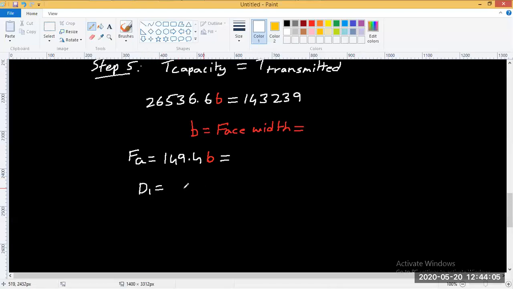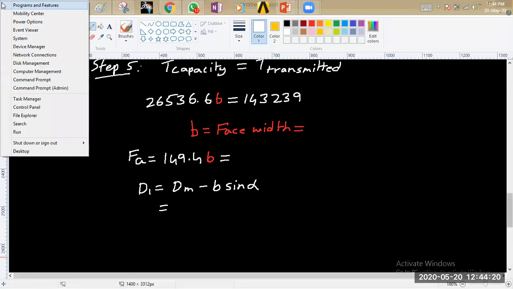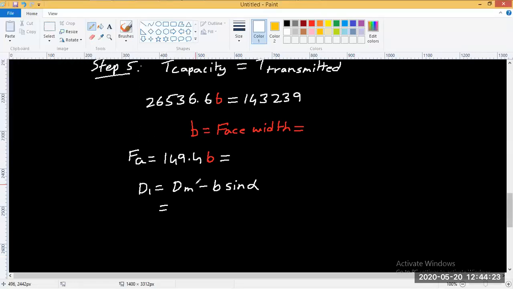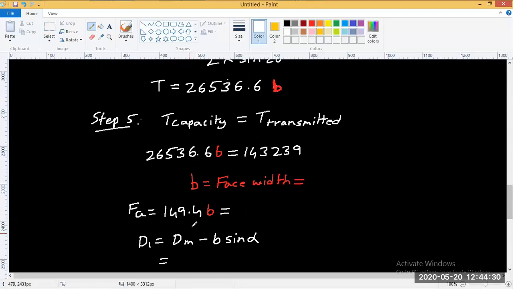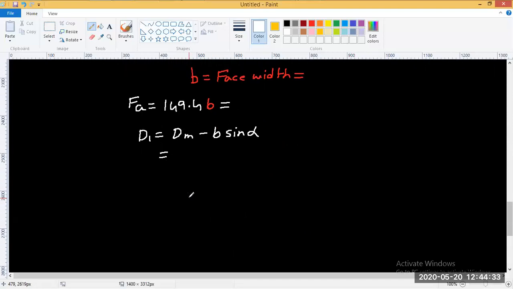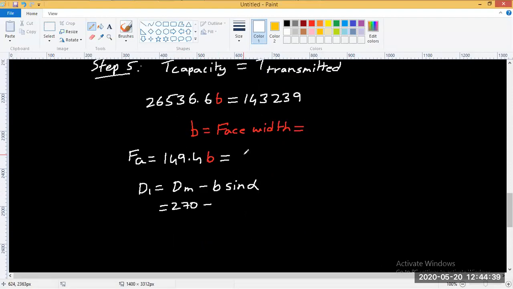D1 is the inner diameter of the cone, dm minus b sine alpha, where dm is 270, right? 270 minus b sine alpha. So anybody found b? Just let me know. 143239 divided by 2653.6.